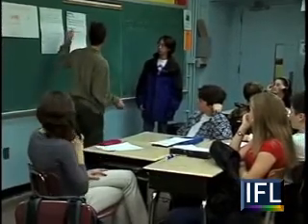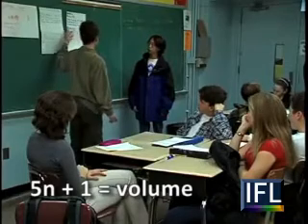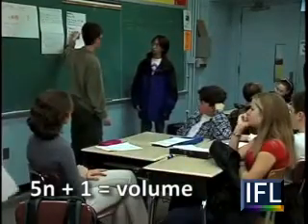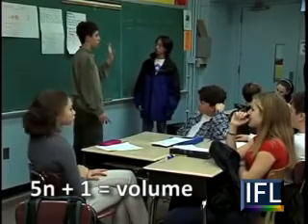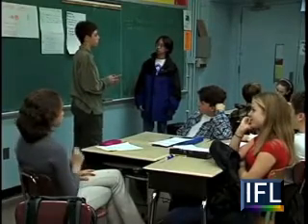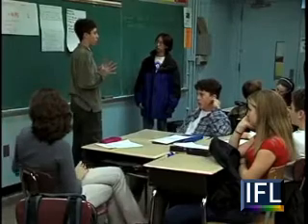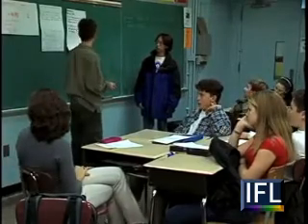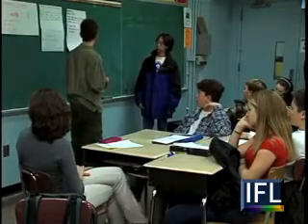And then our equation was that 5n plus 1 equals the volume, and n equals the length of one individual arm. So this is the middle cube, excluding the middle cube. You would multiply that by 5 because there are 5 arms, and then add 1 for the middle cube, and that'll give you the volume in our number of cubes.